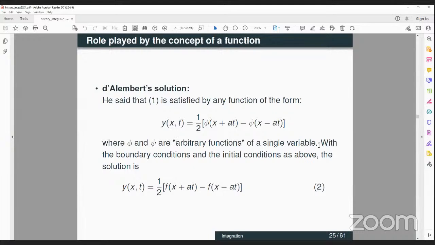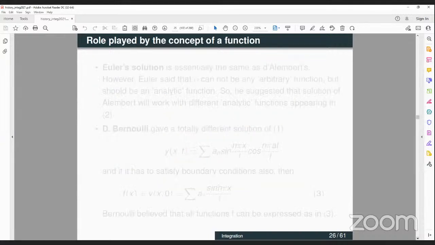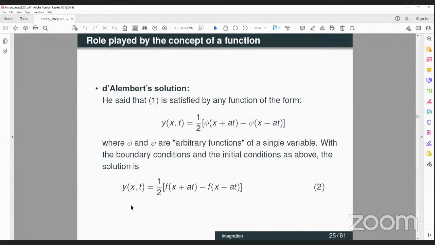Here is the sum, here is the difference. So the second variable is intertwined in the first variable. With the boundary conditions and the initial conditions given, y(x,t) is given by half of f(x plus at) minus f(x minus at). The solution should be given by this.